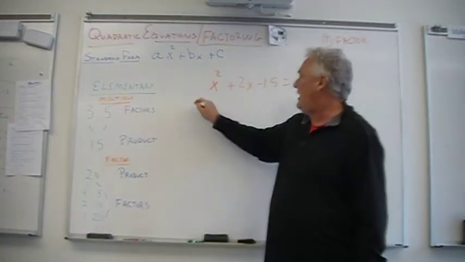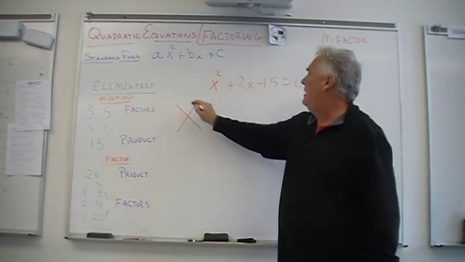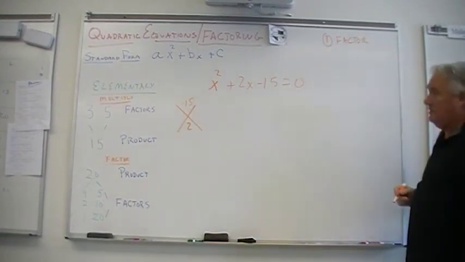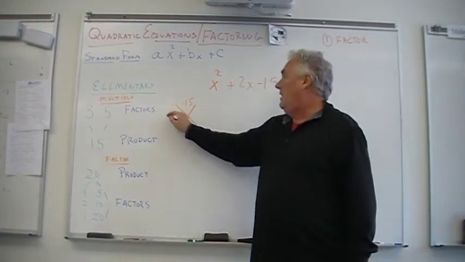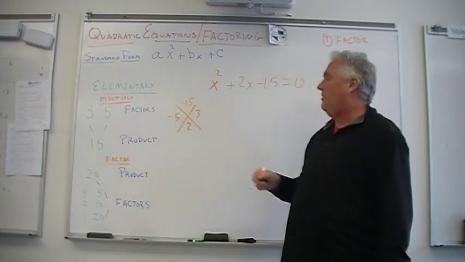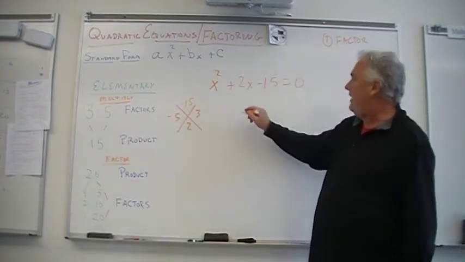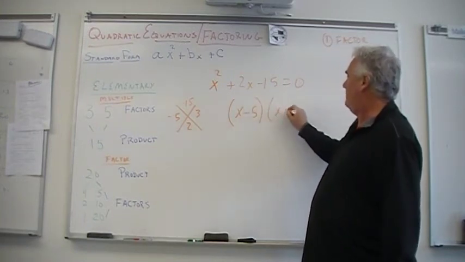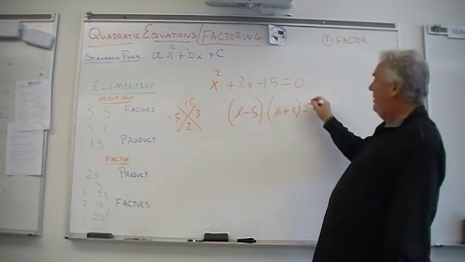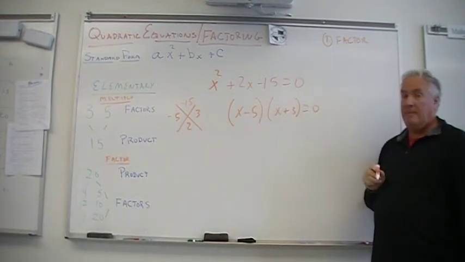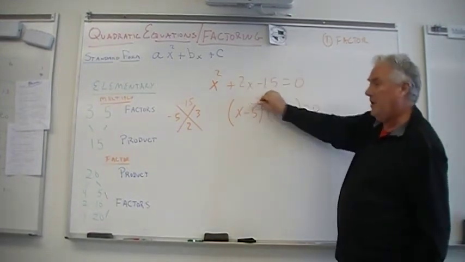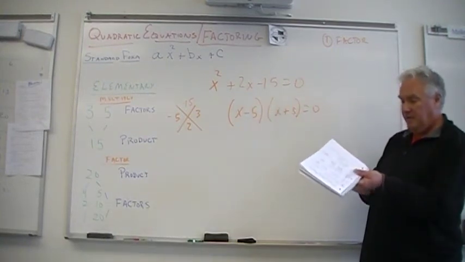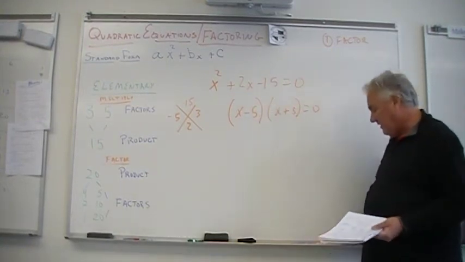And by doing the x strategy, what times what is negative 15 but added together is positive 2. Negative 5 and 3. So our factors are x minus 5 times x plus 3. And this times this equals 0. So I've just taken this and broken it down. It's no different than this, it's just written differently. And it's in factored form.